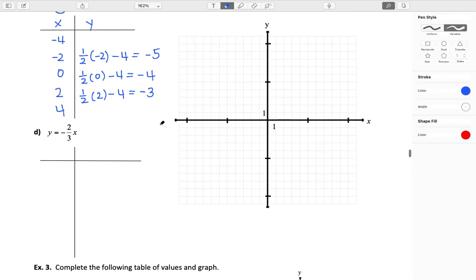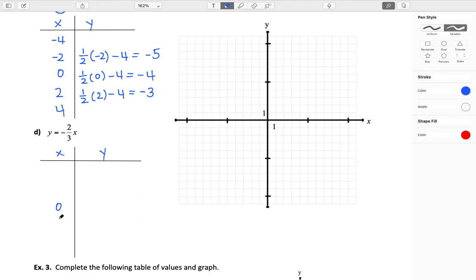If you were to look at letter D, on the other hand, look at the denominator of my slope. My denominator is 3. Therefore, your points start from 0, and you're going to go up and down by multiples of 3.